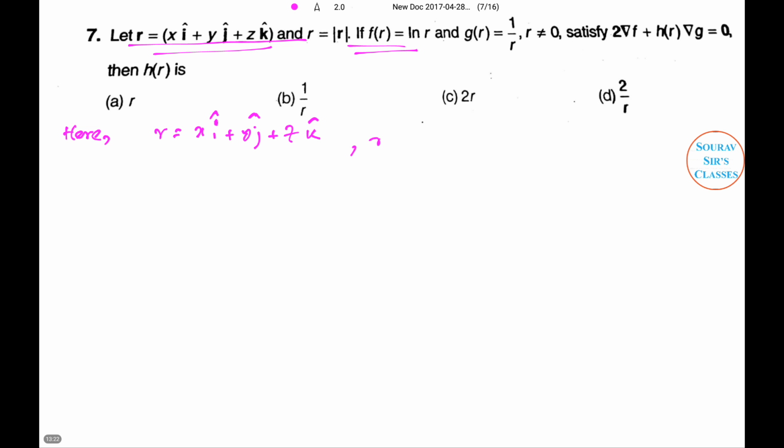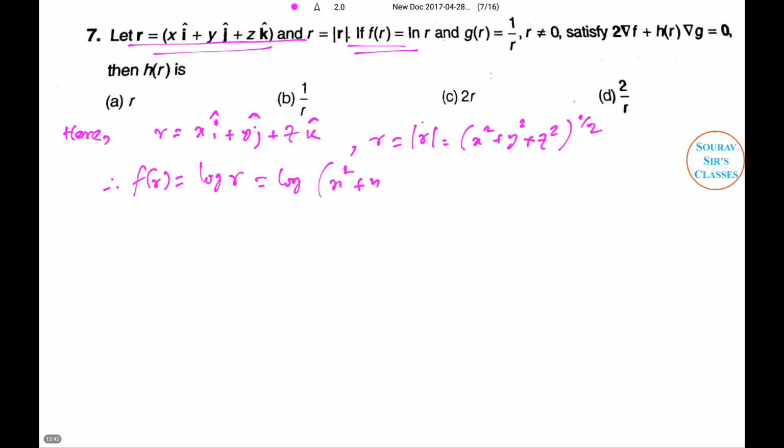Okay, and we know mod r is the whole to the power half. So f of r equal to log r, equal to log of x square plus y square plus z square whole to the power half.